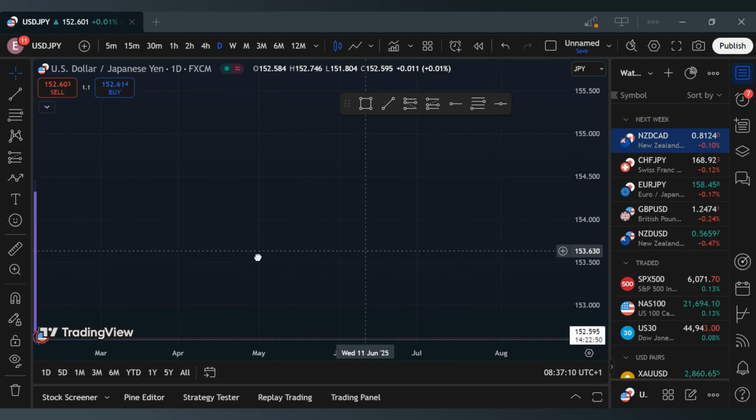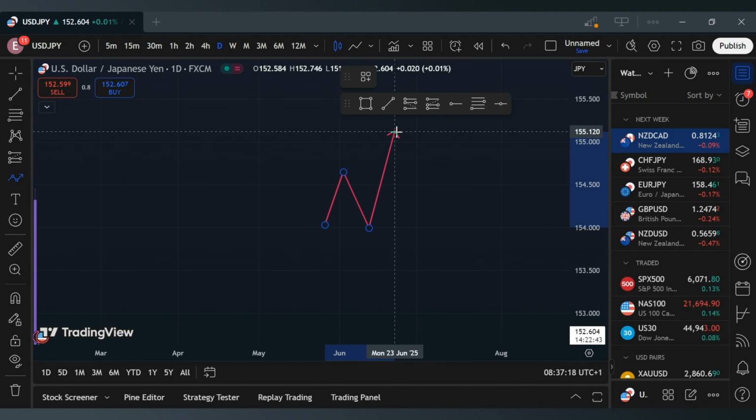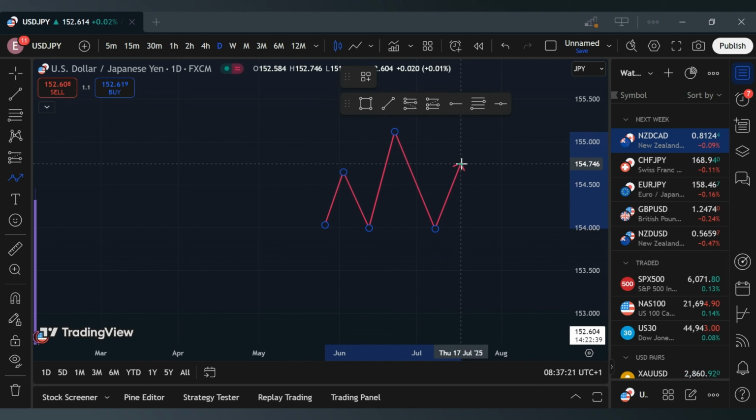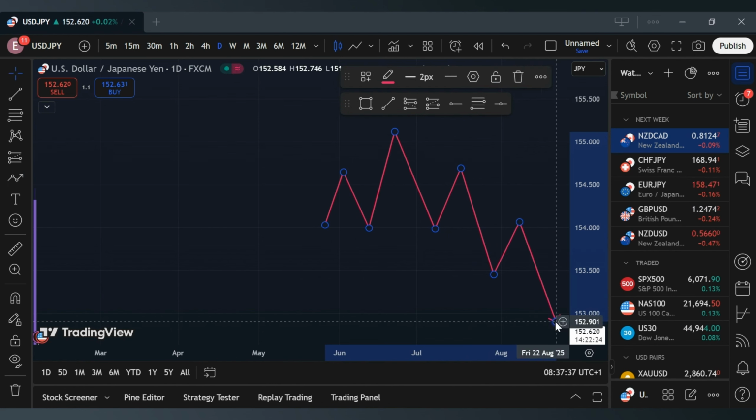Then for the head and shoulders, we have the left shoulder, the head, and then the right shoulder, something like this. Then we break it, then this becomes the neckline, which we expect to pull back into before we can then sell to the downside.